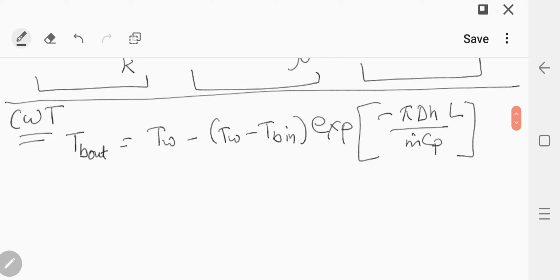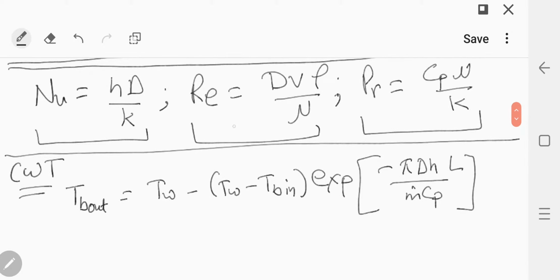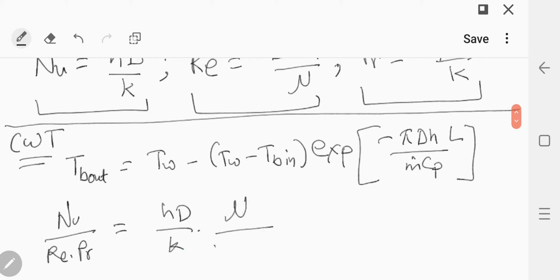Clear? Now, Nusselt number we have defined over here, Reynolds number and Prandtl number we have defined over here. Now, let's take Nusselt number by Reynolds number into Prandtl number. That will be basically hd by k into the reciprocal of the Reynolds number, mu by d v rho, and the reciprocal of the Prandtl number, that is k by Cp mu.